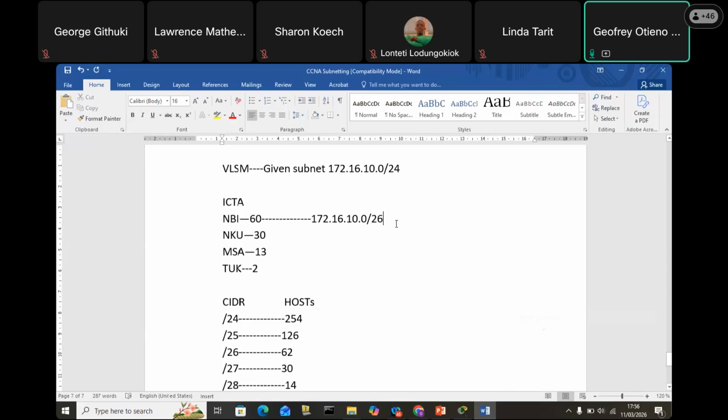So change that to decimal: 1, 1, and 6 zeros to decimal. What do you get if you do your conversion?